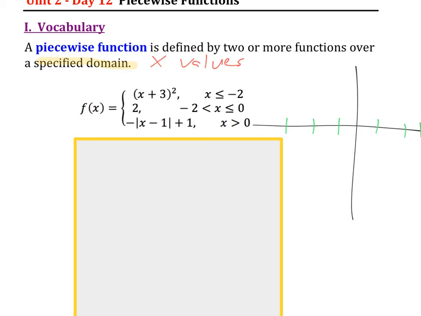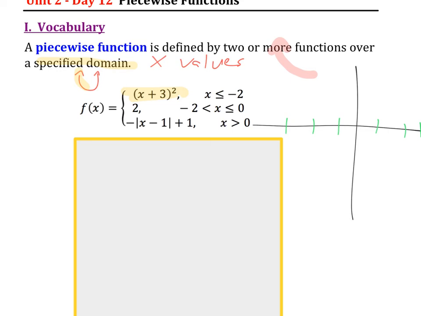This first graph here, the x plus 3 quantity squared, well, I know that that is going to be a parabola of sorts that got shifted upwards, but I only care about the portion of that graph that's less than or equal to -2 for my x values. So it's really only going to be like that part there. So if I were to ballpark it, it might look something like that.